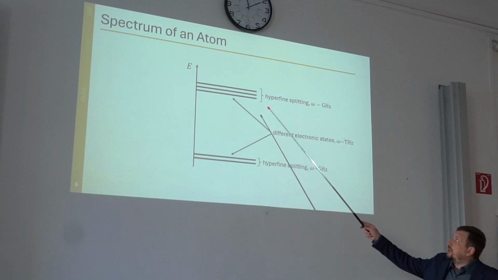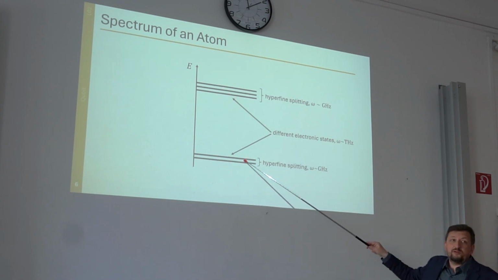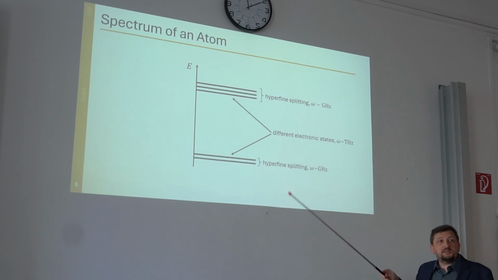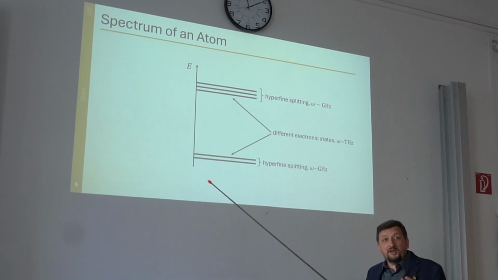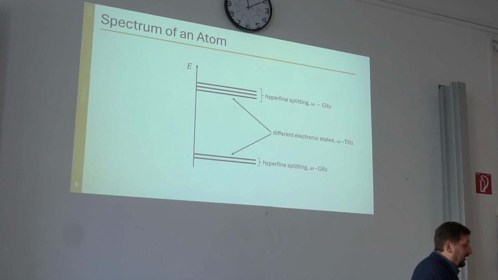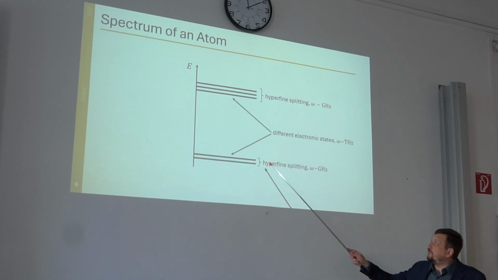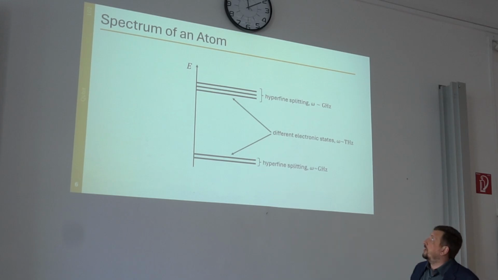So these energy levels, which were just one state in the simple model, often split. But because these are weak interactions, like hyperfine, this weak interaction leads only to very small splitting between energy levels.